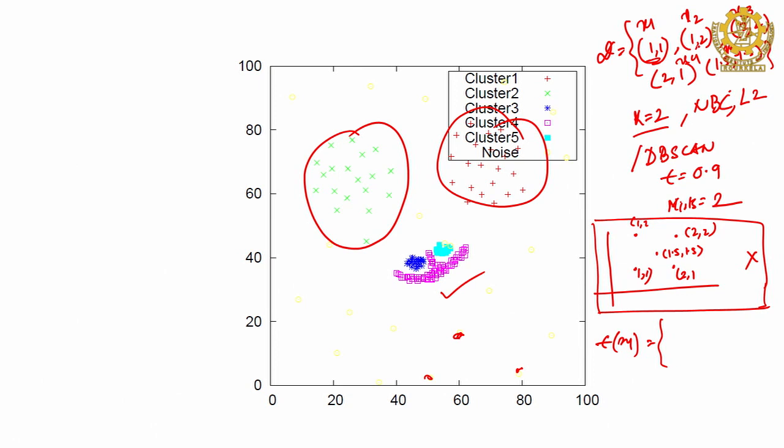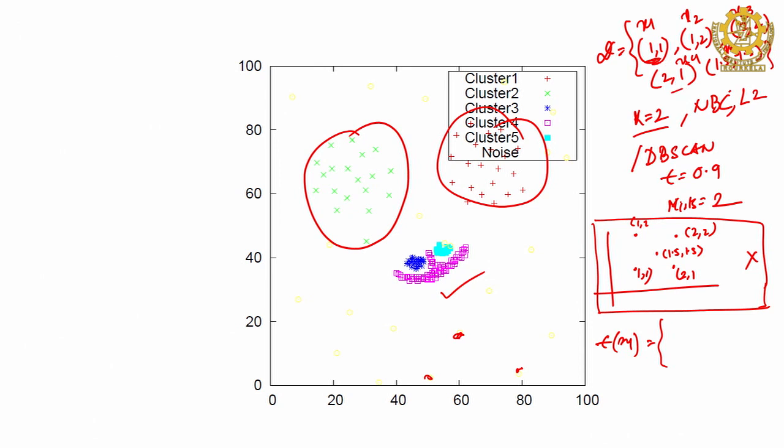What will be the distance? That is 1, right. What is the value of epsilon? It is 0.9. So, you cannot include the point x2. Then the distance from x1 to x3 is also 1, so it will not be included. Then x1 to x4 is the same.